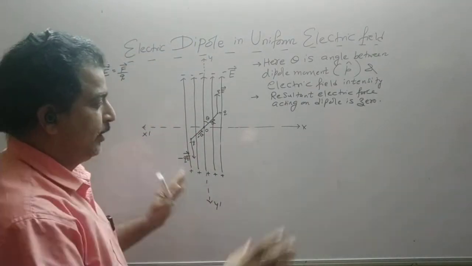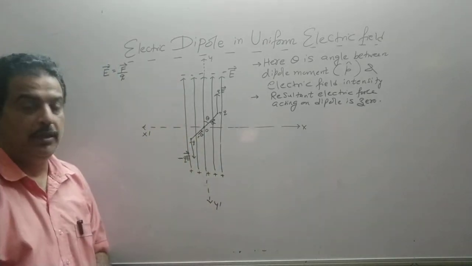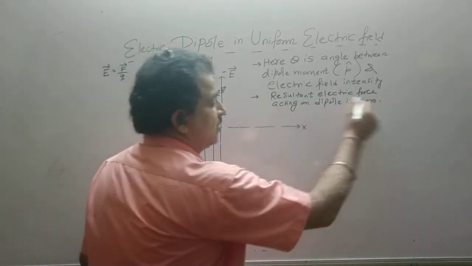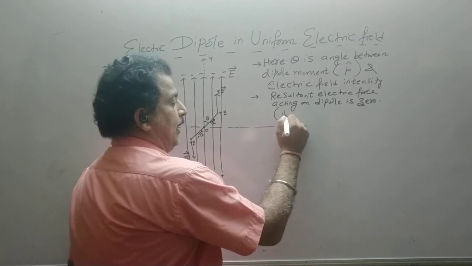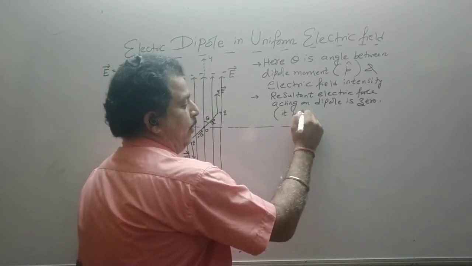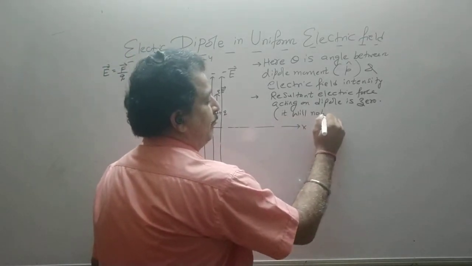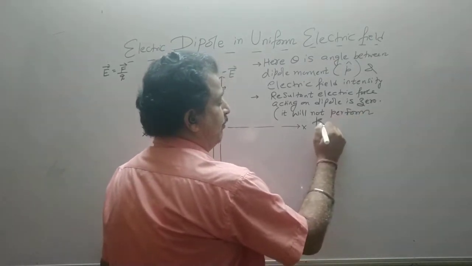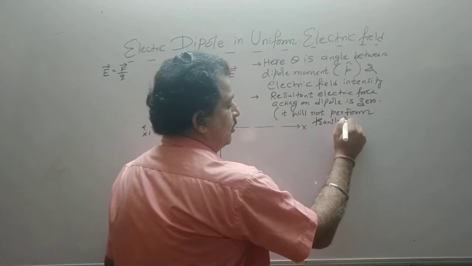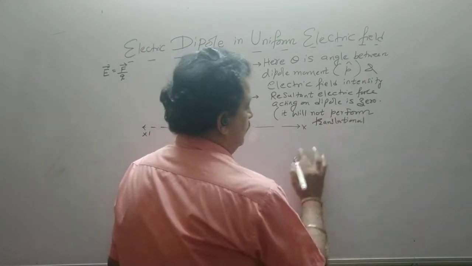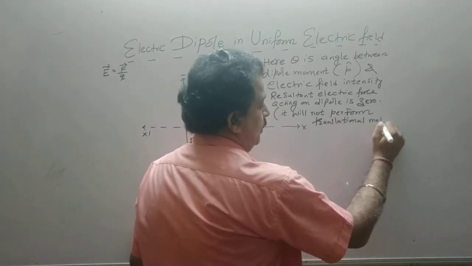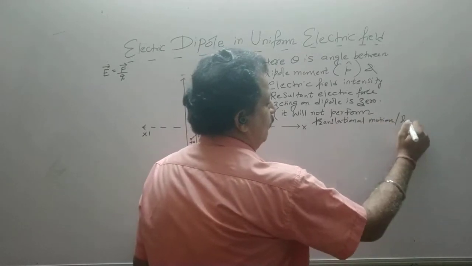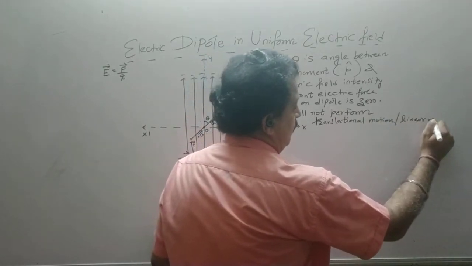There will be no resultant force acting on the dipole, and if the resultant force is 0, it will not perform translational motion, or you can say it will not perform linear motion.